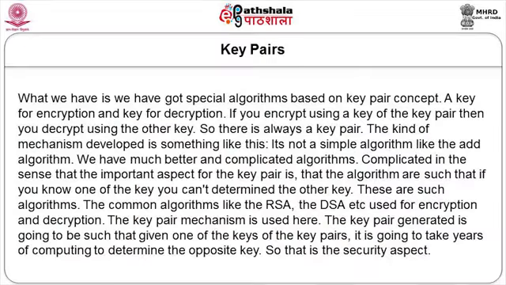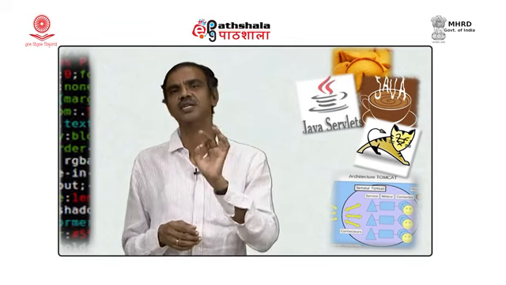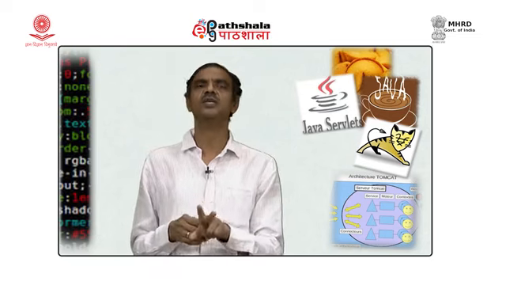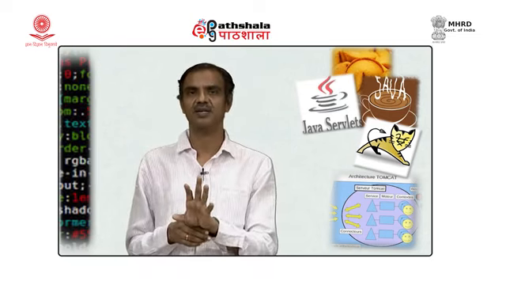We have special algorithms which are again based on this key pair concept: a key for encryption and a key for decryption. If you encrypt using one, it can be decrypted using its opposite key. So, you always have two keys, there is always a key pair.